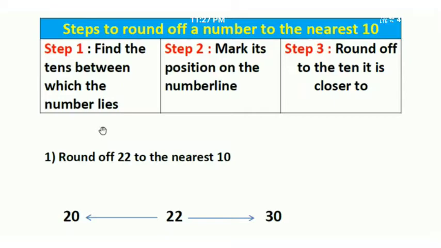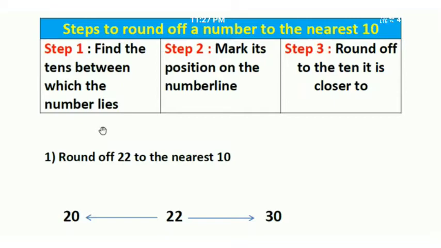Step 1: find the tens between which the number lies. Step 2: mark its position on the number line. Step 3: round off to the 10 it is closer to.